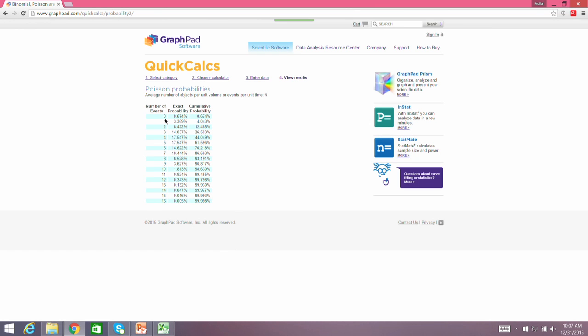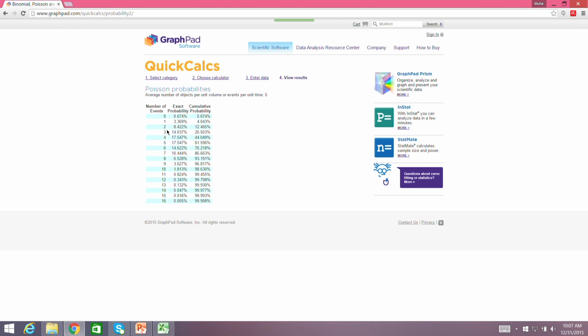So you see this, so for 0 accidents on any particular day, the probability will be 0.67%. For only 1 accident, the probability will be 3.36%, but if it is 0 or 1 accident, then you need to add these two, that is cumulative, so it comes to 4%.